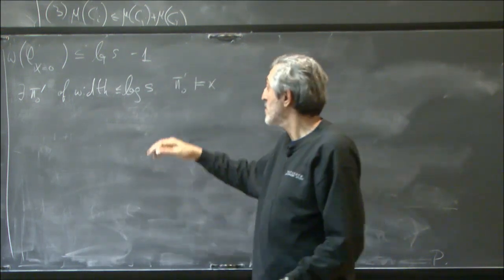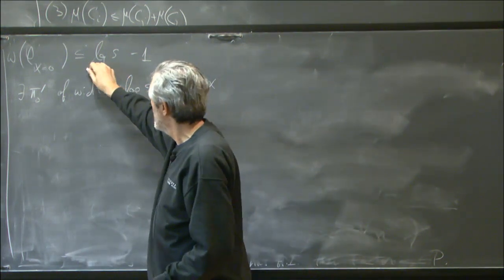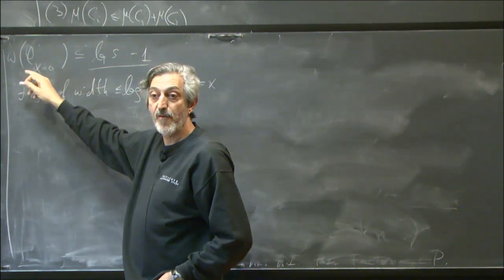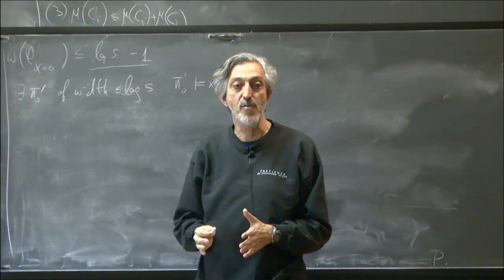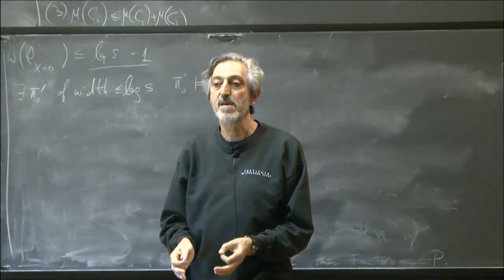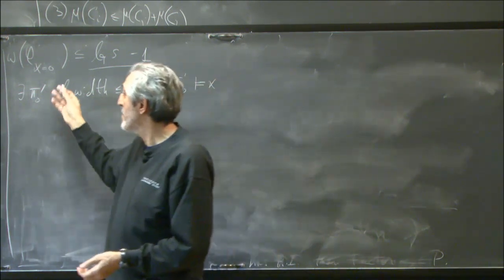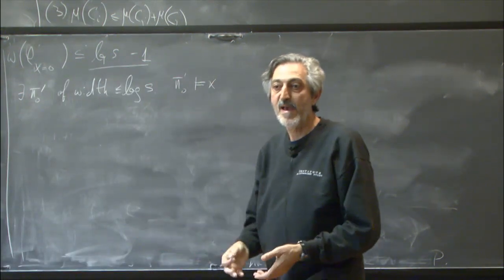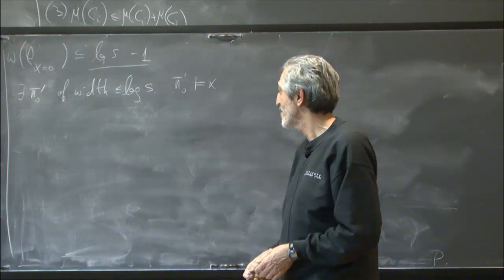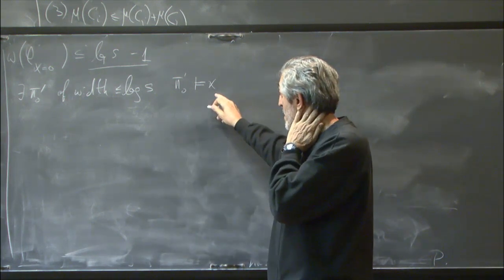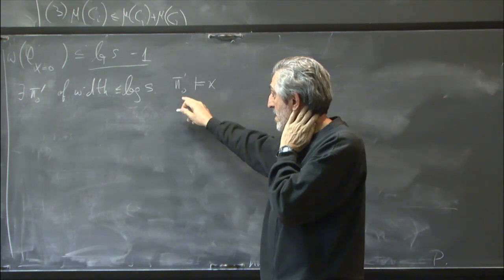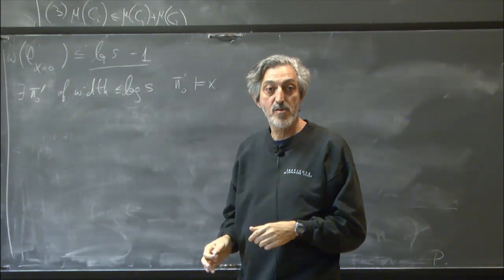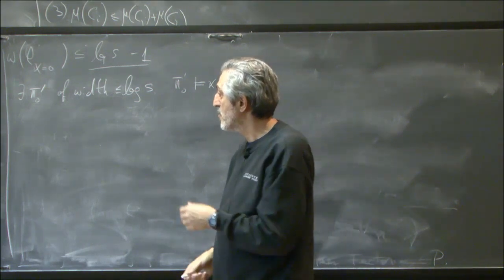So I use induction, I get a contradiction proof for this of width log S minus 1, and then I put x back. It was an empty clause at the end, I'll get x back. Either x or already the contradiction, in which case I will be done. So I can derive x using a proof of width at most log S. This is the bound I want to prove, right? Now what am I going to do with it?